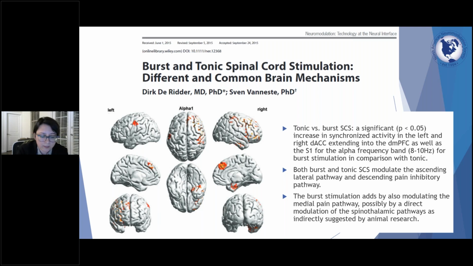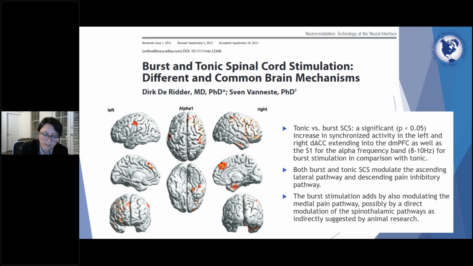Well, the major findings of this study are that comparison between tonic and burst stimulation shows a significant synchronization in alpha range in the left and right dorsal anterior cingulate cortex, dorsal medial prefrontal cortex, and primary somatosensory area with burst stimulation.